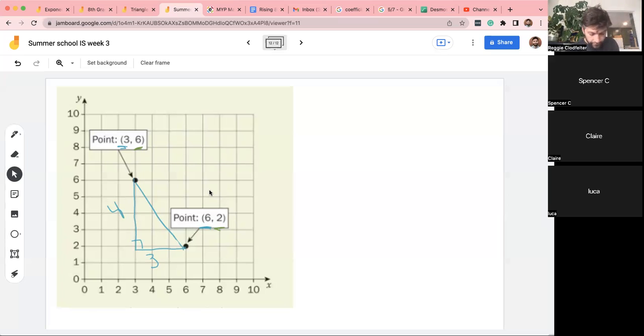Now if I want to find the distance between those 2 points, it's just the hypotenuse of this right triangle. So I would use the Pythagorean theorem: 3 squared plus 4 squared, that's my a and b, equals c squared, in which case c is the distance between my 2 points in a straight line.